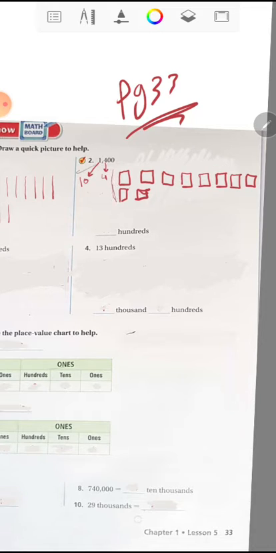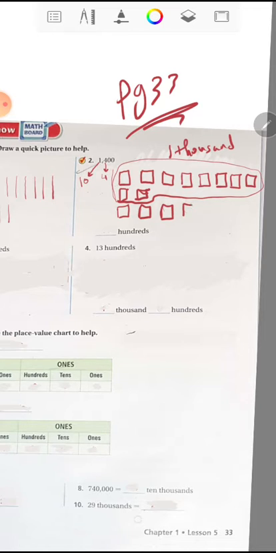So these are the 10 flats that give me 1000. Now what about the hundreds digit? It will be 1, 2, 3, and 4. 4 hundreds in the hundreds digit. So how many hundreds here? 10 plus 4 equals 14 hundreds.